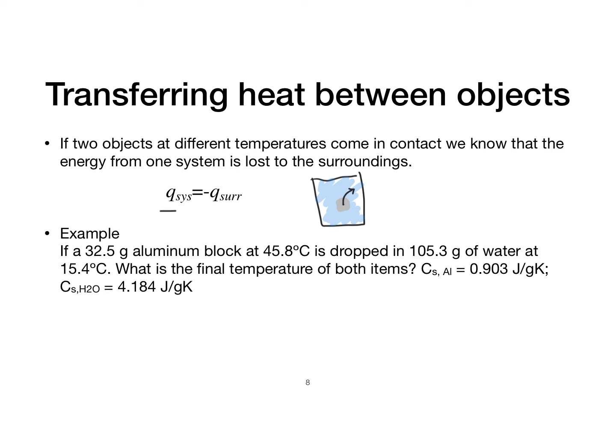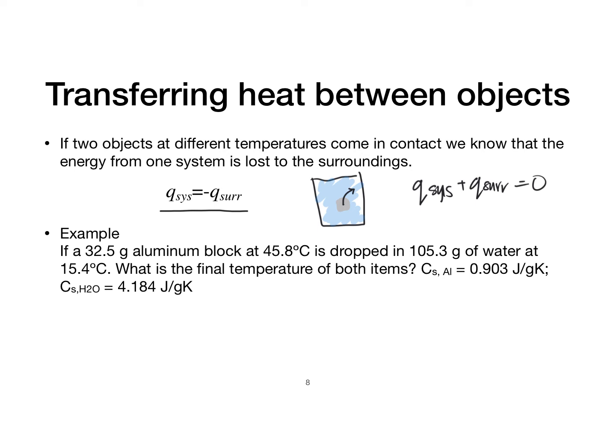So the Q of the system equals negative Q of the surroundings. You can also think about this as Q system plus Q surroundings equals 0.